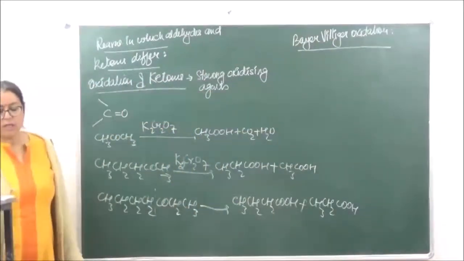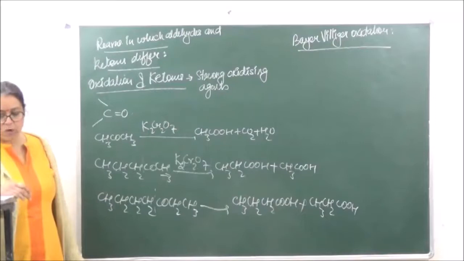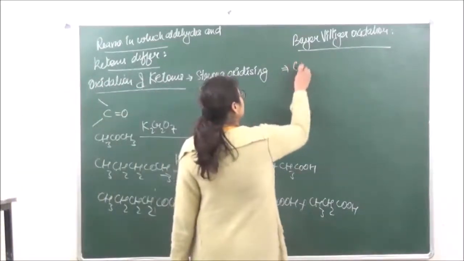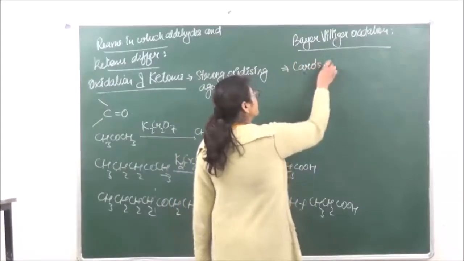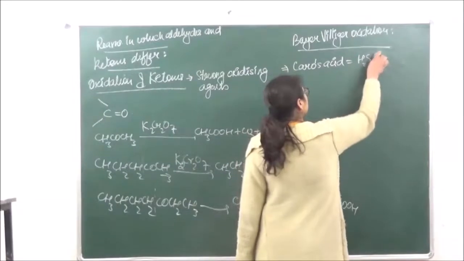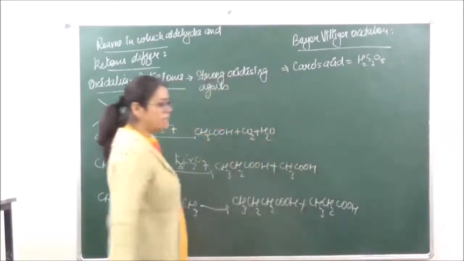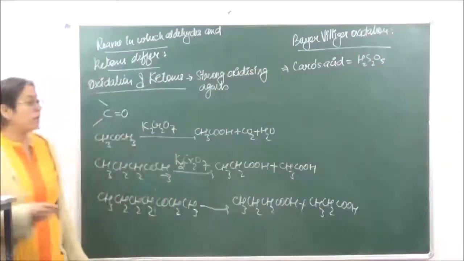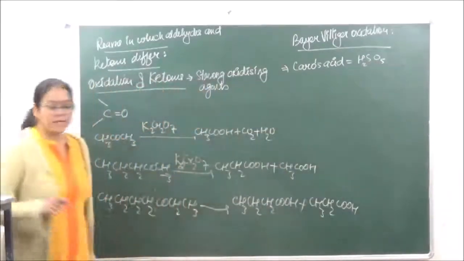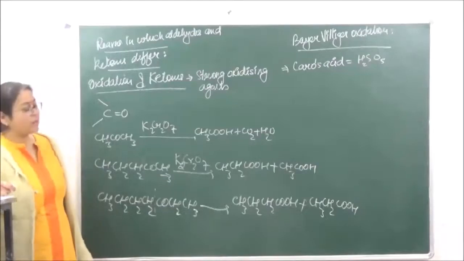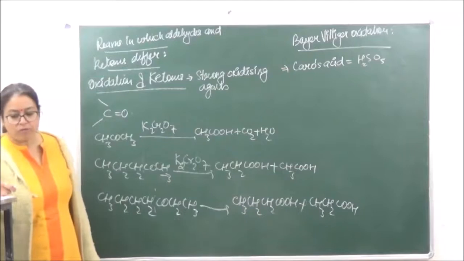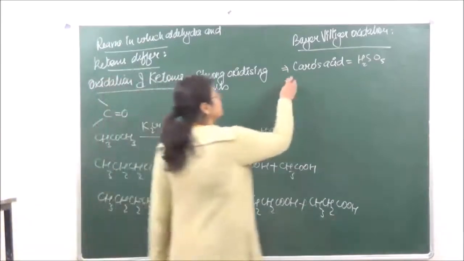Baeyer-Villiger oxidation. Now aliphatic ketones undergo oxidation with the help of an oxidizing agent which is known as Caro's acid. Caro's acid is H2SO5. So oxidation can take place in presence of Caro's acid, or it can take place in presence of perbenzoic acid.